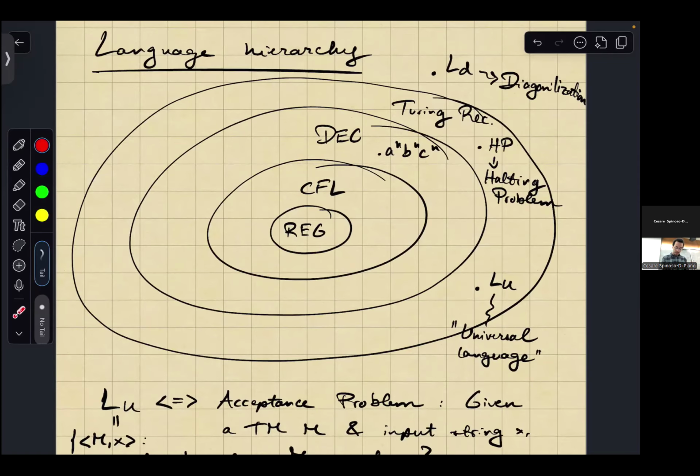So in fact, the halting problem and the acceptance problem, there's a reduction, which we'll do in a second, from the acceptance problem to the halting problem, but they're in the same class of problems or of languages. So it just guarantees that it's not in a hierarchy lower, right? Make sense? Okay. Good question.